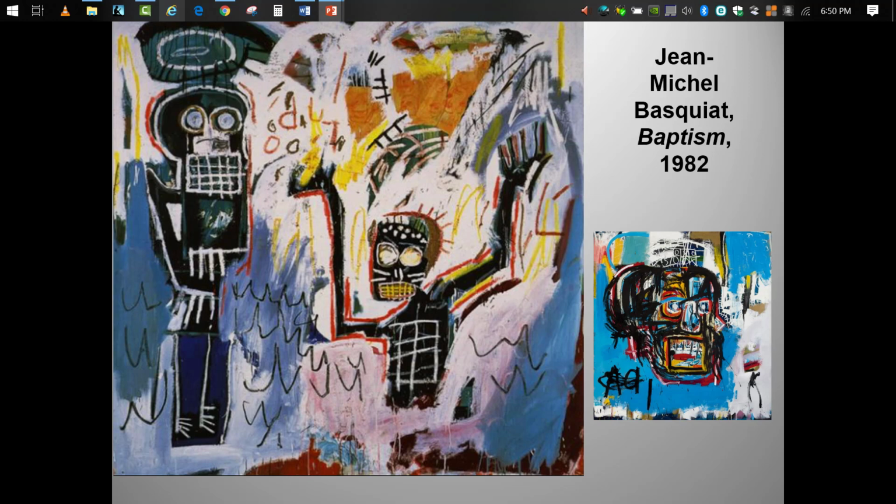I would just add, this is a McConnell note, that we did see that kind of gesture in the baptism paintings in the catacombs. As this figure dominates the canvas, this gesture can be interpreted as both celebratory and questioning, indicative of Basquiat, who, even in the moment of success, searches for answers about his art and life.